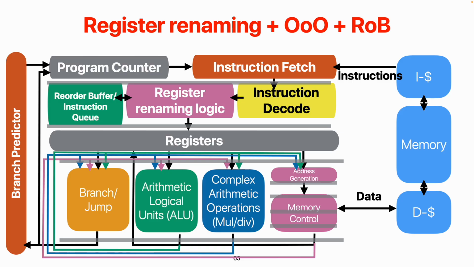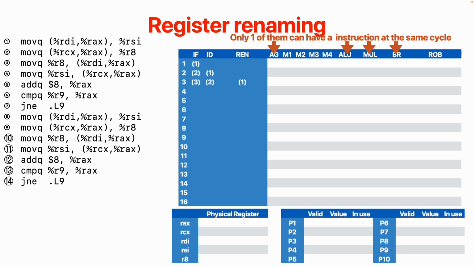So for this pipeline, let's take a look. How am I going to execute this set of instructions? First of all, for the first few instructions, I would definitely be able to put them in consecutive pipeline stages without any stalls. Now they're starting. So now we assume the first instruction is in the renaming stage.